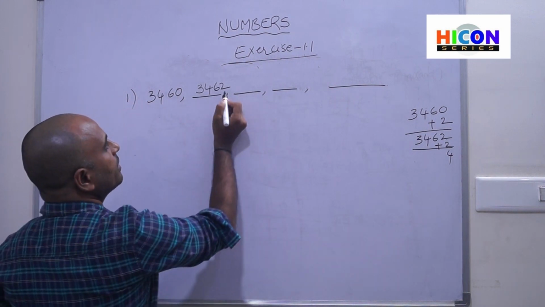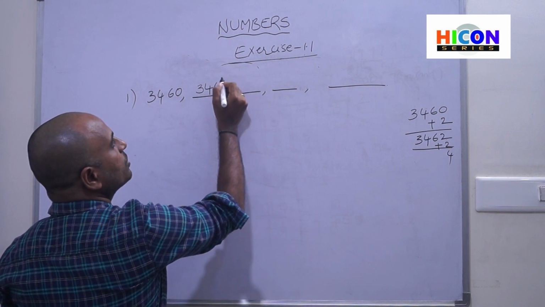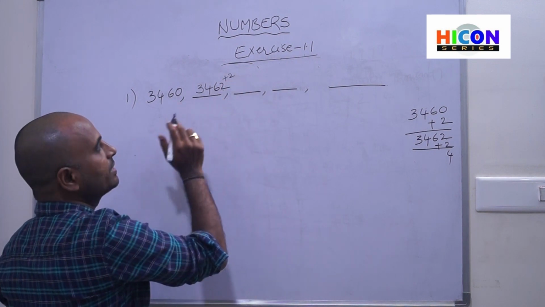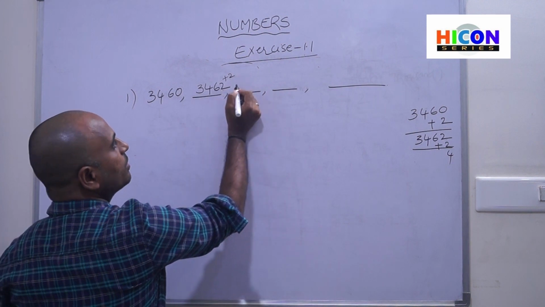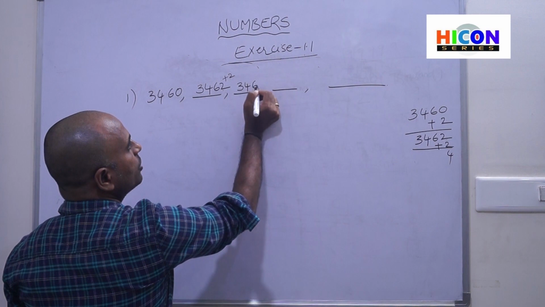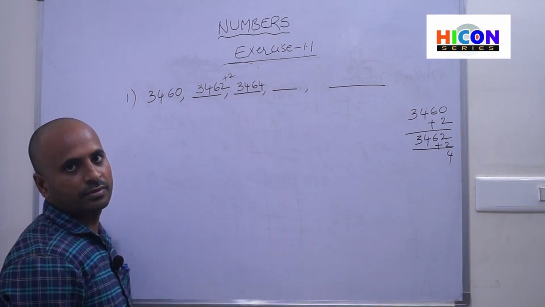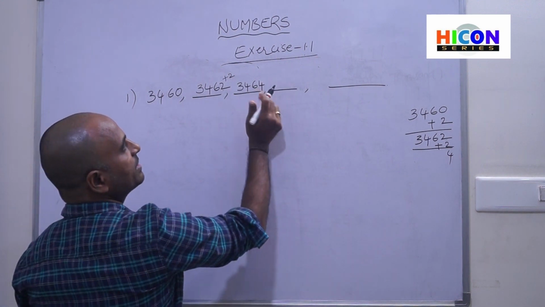Here in ones place the digit is 2, so if you add 2 for the 2, it becomes 4. Now the next number will be 3464.